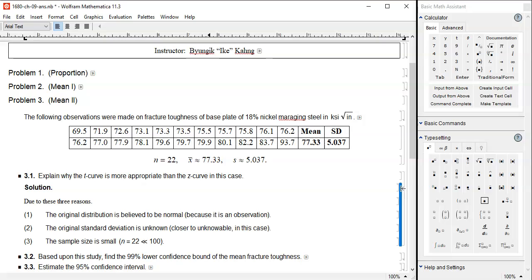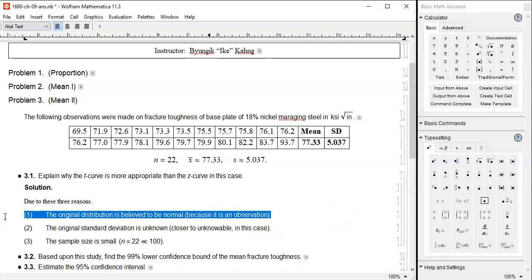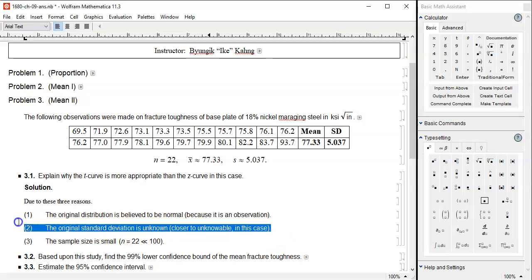By the way, a little digression. Why is this important? Original distribution has to be more or less normal. For example, if you roll a die 5 times and then try to analyze it with t-curve, that's not going to work because the original distribution is no way close to normal. How about this aspect here?